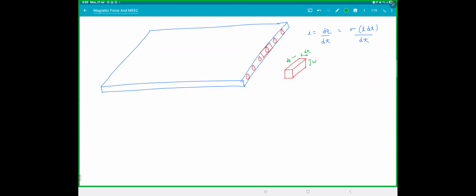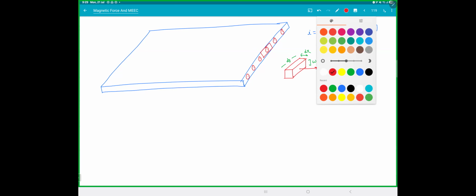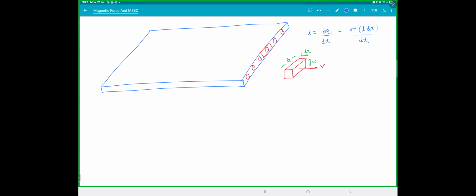This is your dy. And this piece is going v forward. Perfect. Great. So what is dq? Dq will be sigma into surface area, which is dx dy, by dt. So we get current as sigma dy dx by dt.